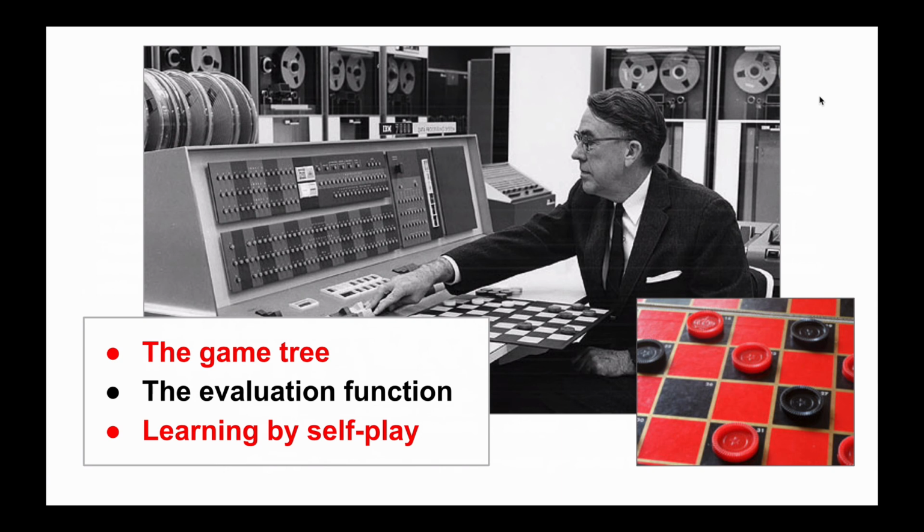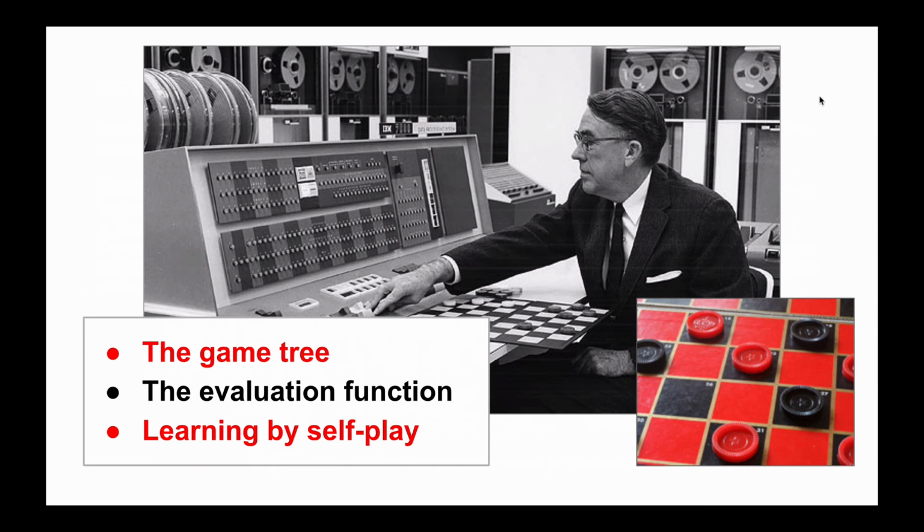In addition to the game tree, Arthur Samuel's checkers program incorporated two other important aspects of letting a program learn to play a game on its own. One is the evaluation function, which is a system for evaluating board positions, or states, at the end of a branch in a partial game tree.